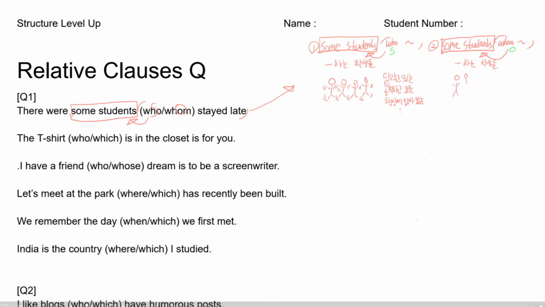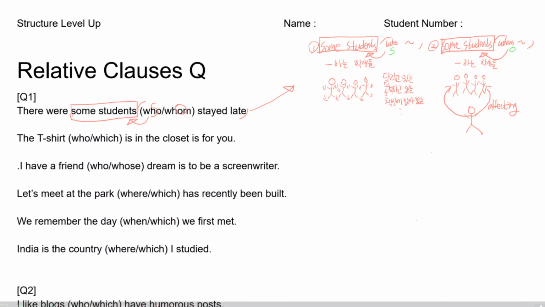Here we can picture 학생들 in our mind, but at this time something is very different because these students aren't doing something. Some other people or some other person is doing something, right? Affecting or doing something to these students.